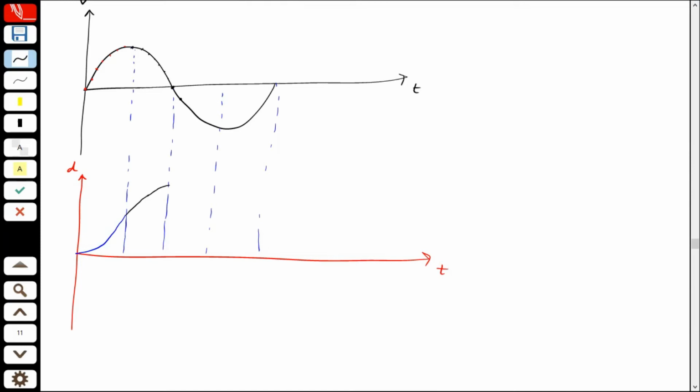After this point, velocity is negative. This means the object, which was first moving in this direction, has now changed its direction and is moving back, so the displacement of the object should decrease.